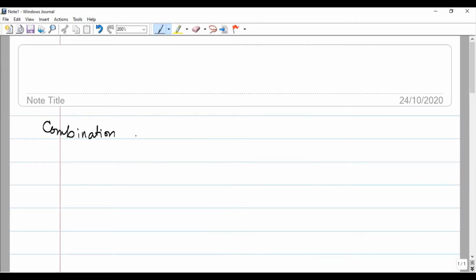Combination can be computed by using the formula: the combination of n taken r at a time is equal to n factorial over n minus r factorial times r factorial, where n is greater than or equal to r.